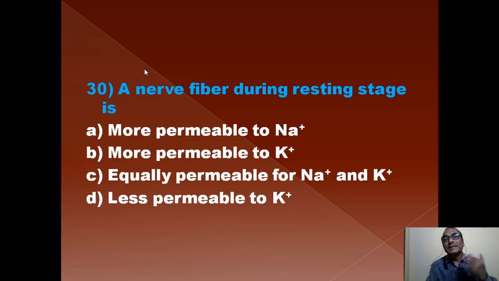So to just balance the loss of ions, some of the potassium ions will be entering inside the neurons. So therefore it will be more permeable to potassium ions. It will not allow sodium ions to come inside because entry of the sodium ion inside means it is action potential. Now the nerve is in resting potential. So therefore B is the right answer.